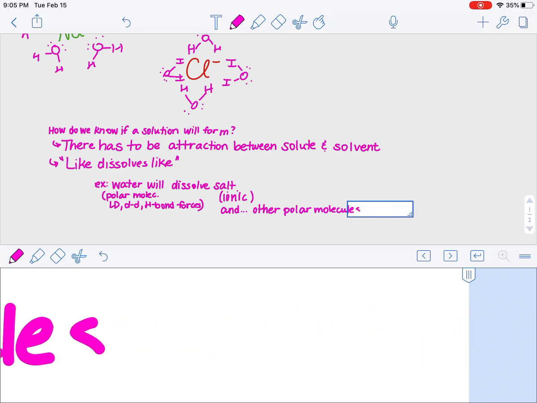Now, even though it has London dispersion forces, and so do nonpolar molecules, the dipole-dipole and hydrogen bond forces are so strong and so dominant that the London dispersion forces are outmatched. So it's not going to be able to dissolve oil.